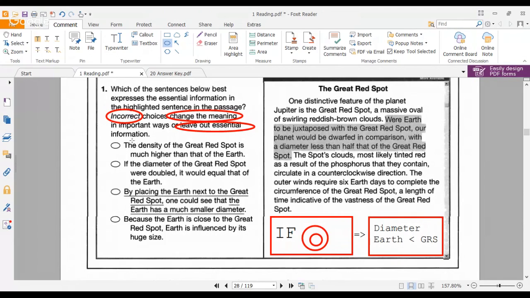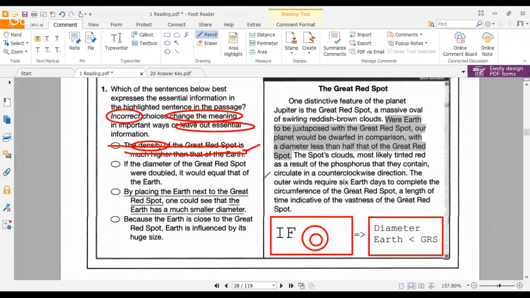That's right. Option A is about density, but we are looking for diameter. So for this reason, option A changes the meaning in an important way. It's incorrect. Good job. We can cross it out. We don't need A anymore.